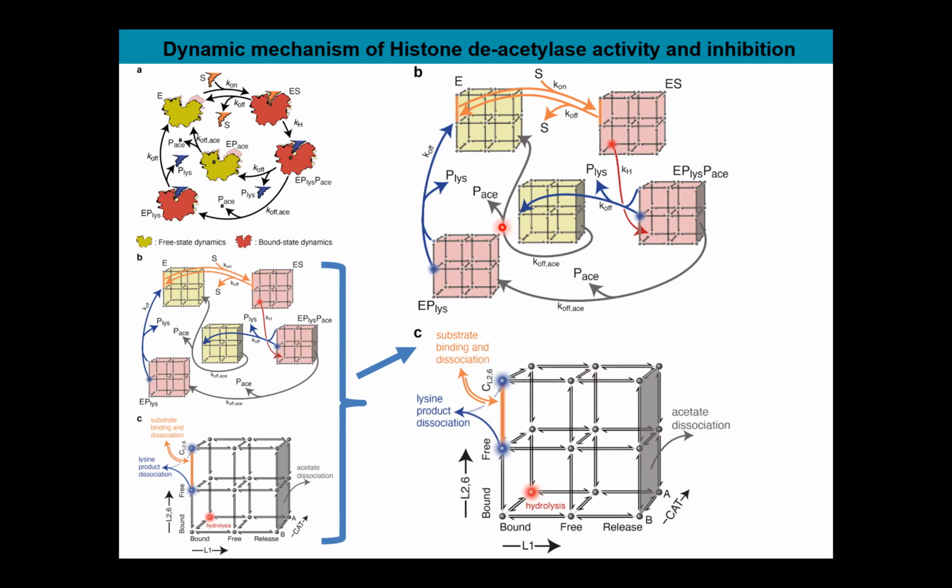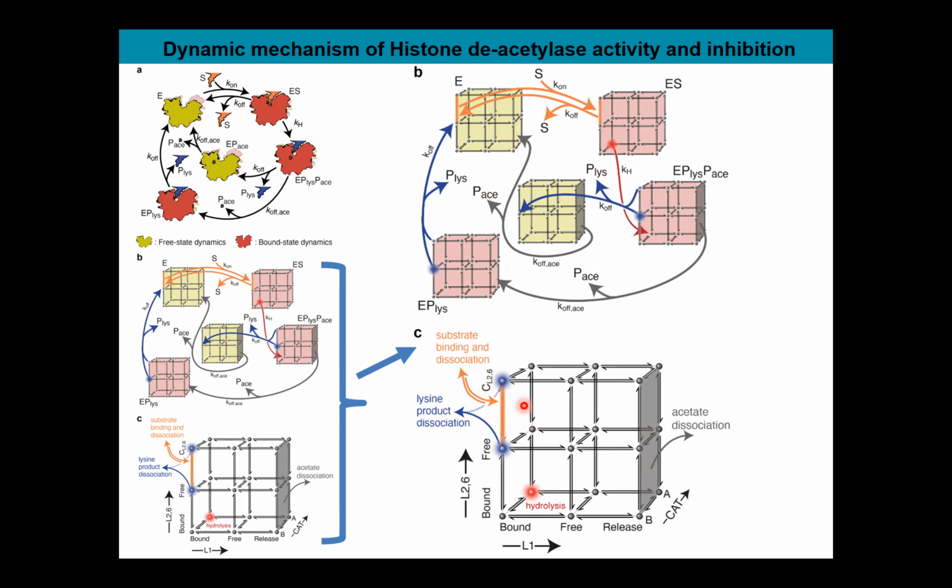And then we put our K on, K off value, our Kcat over Km value into this fitting. And here you can assume there are a total of 93 states, 18 in each, and one is substrate, one is the product acetate, and one is the product lysine. Total 93 states. And then I want to find out where the substrate binding and dissociation will happen and where the product lysine dissociation will happen.